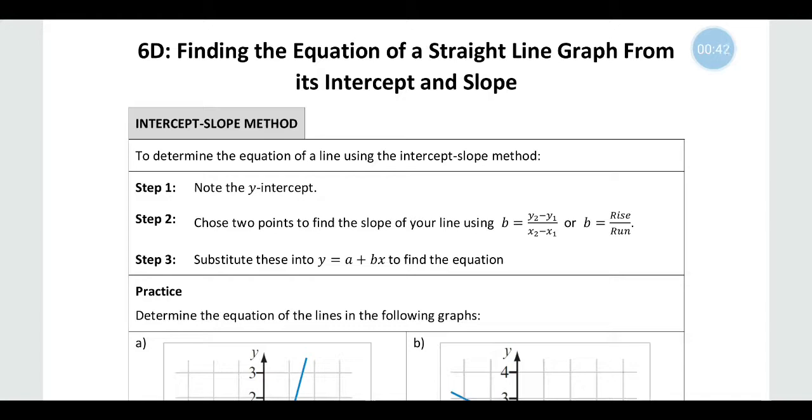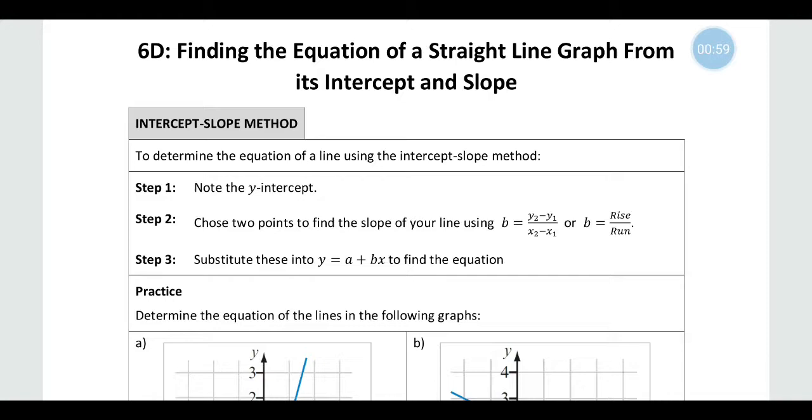This method doesn't work when the part of your graph that intersects the y-axis is not shown. Okay, so your graph is truncated, it's chopped short.